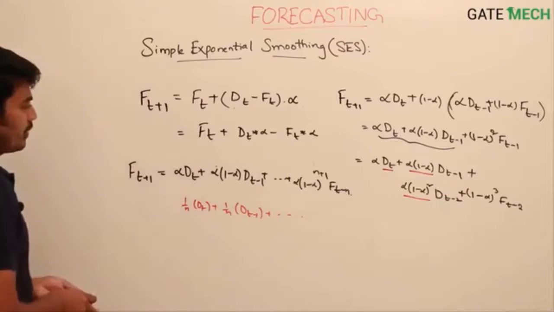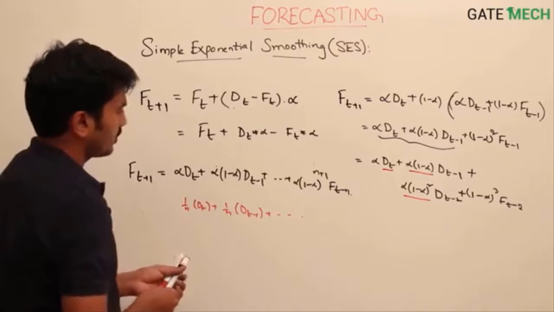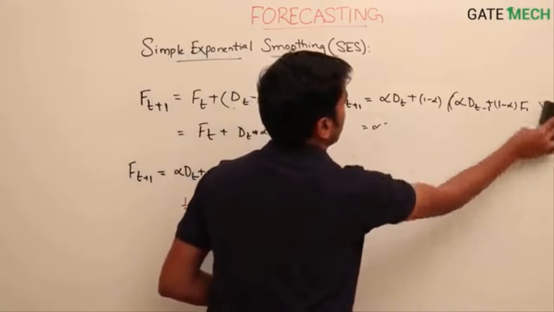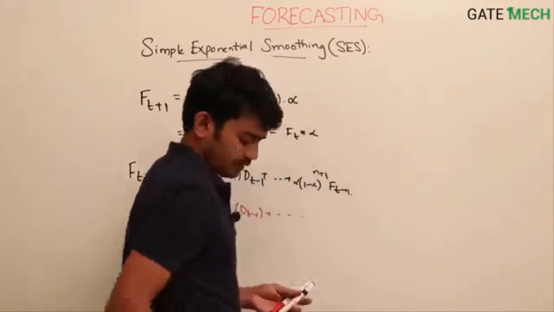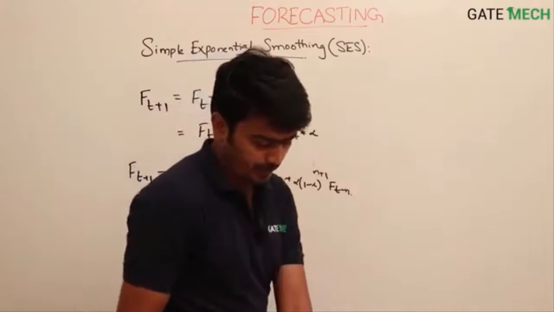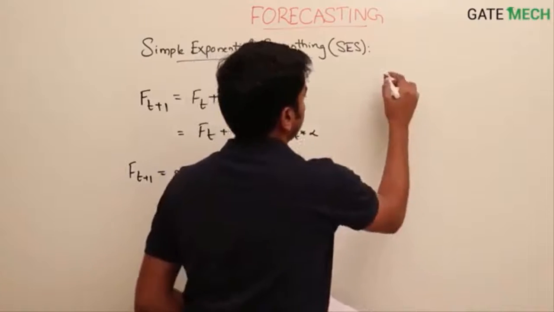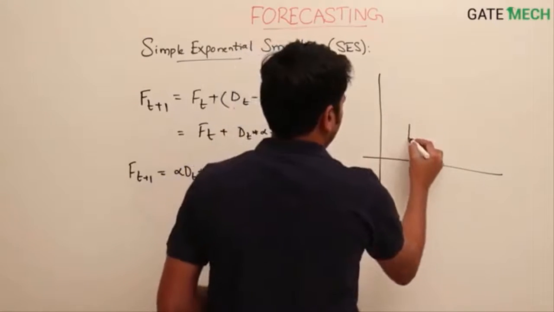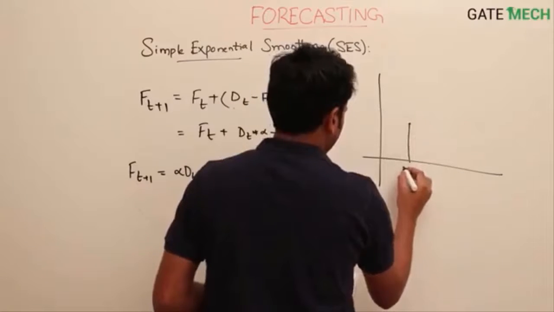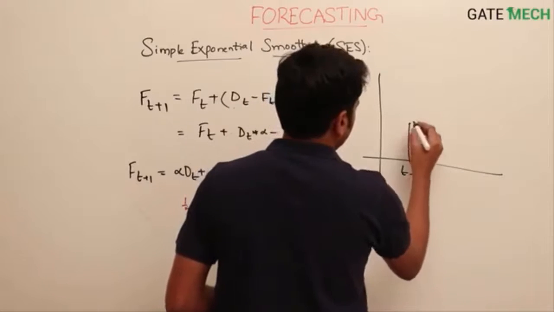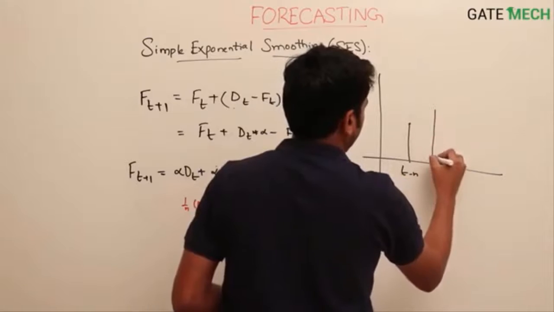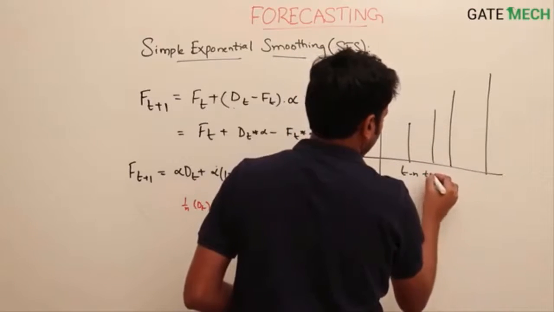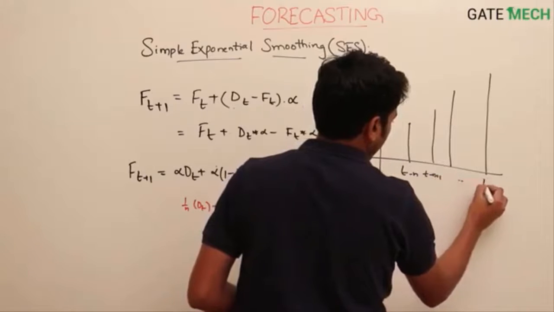So when we plot these weightages, I will just plot these weightages. So this will be t minus n, and then t minus n plus 1, and t.